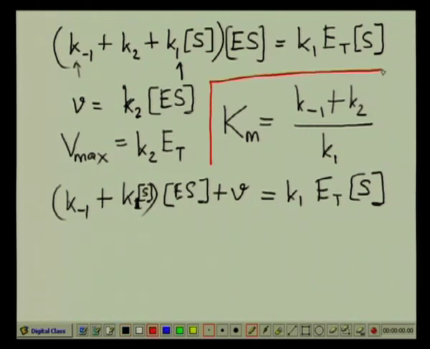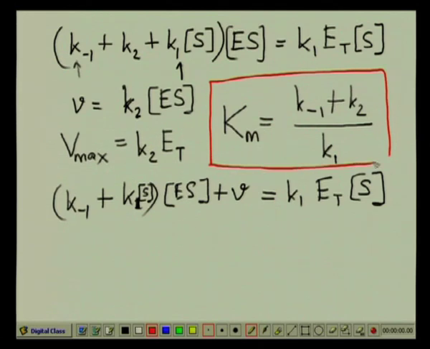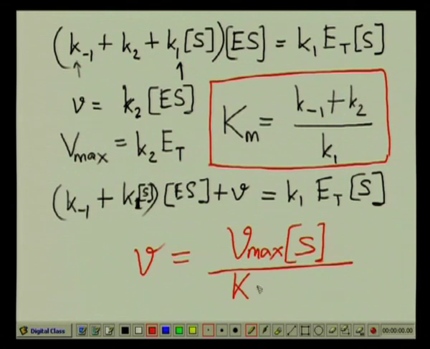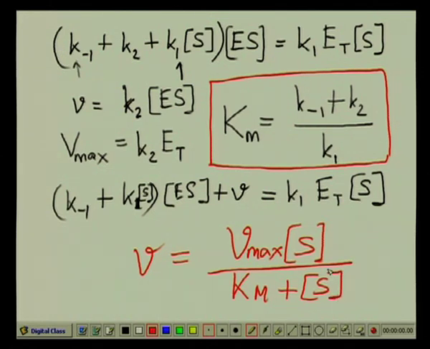This is another quantity that we are going to use, and the final expression after you do all the algebra is going to work out to V equal to Vmax S divided by Km plus S. Okay? That is your final expression that you are going to get after you do all the algebra.